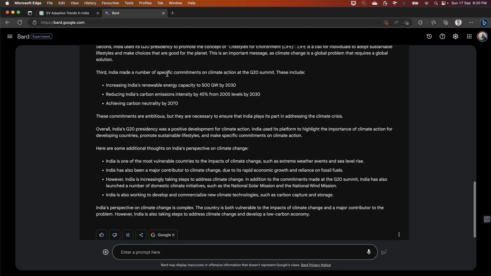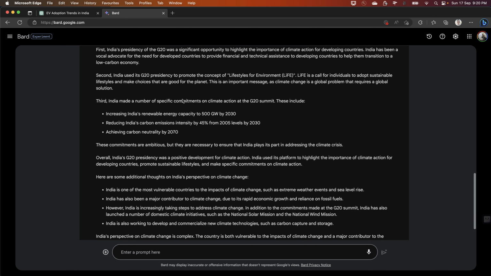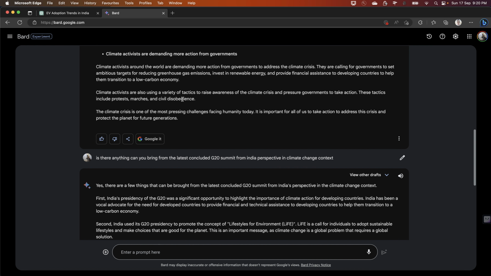And third, India made a number of specific commitments to climate action, and this is what it is saying. So this is nice actually, from language understanding and from the general knowledge which is happening on a daily basis as well, like the news and the real-time activity happening around you. So it's doing a very neat job, right? So hats off, it has done on point.